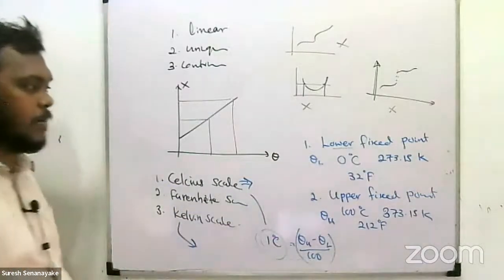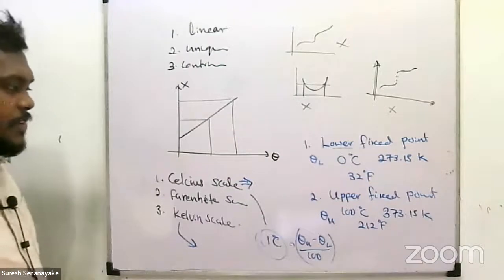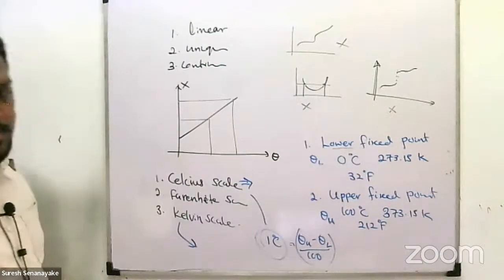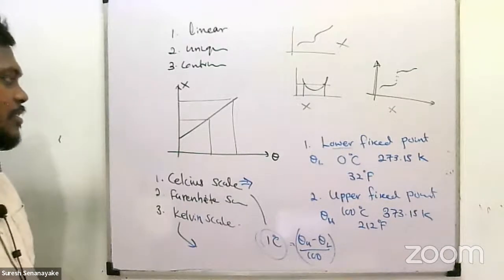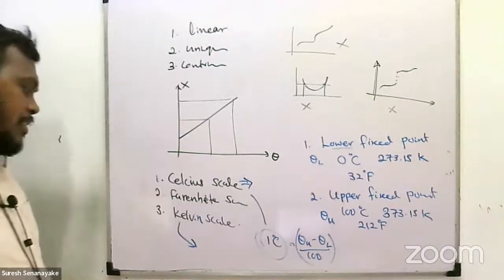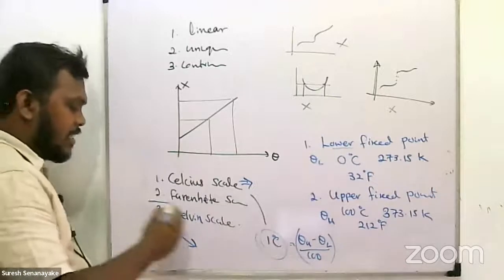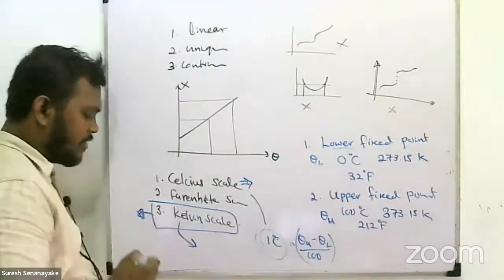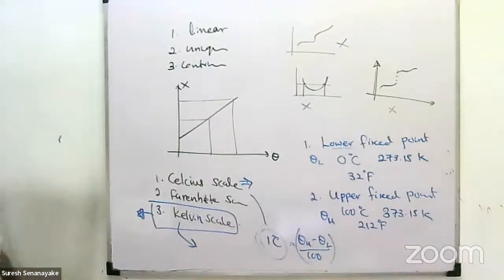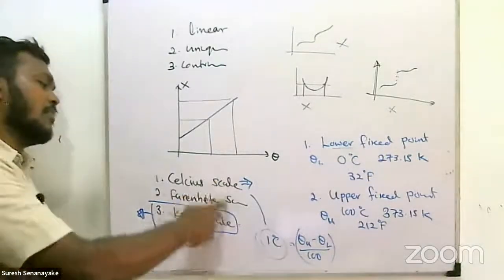Between the upper and lower fixed points, they divided it into 180 divisions. So 1 division is called 1 Fahrenheit. Out of these 3 scales, Kelvin is the absolute scale, because if you are doing calculations with the direct temperature value, you need to use this one, not the other ones.